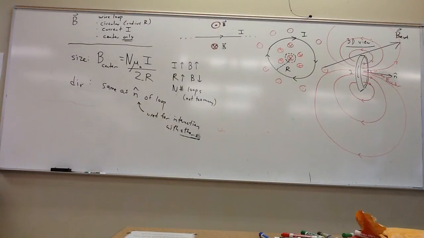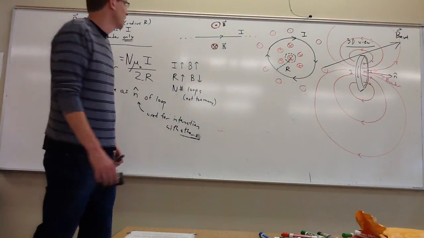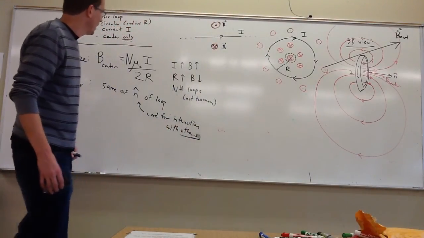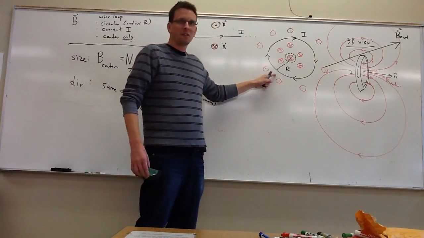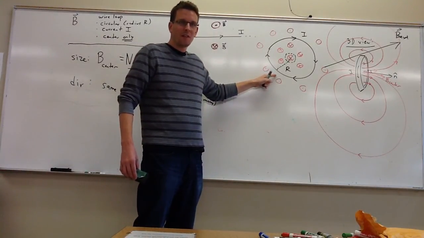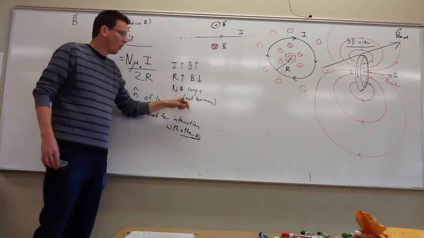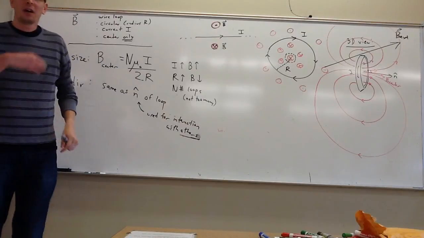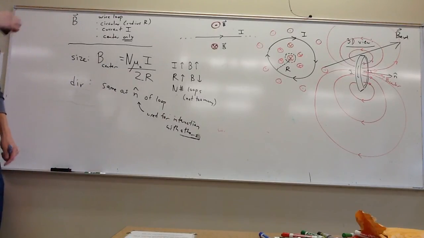The final orientation of current that we need to look at is what happens if we start to have so many turns that we can't possibly conceive that they can all be put in the same space. We have so many turns that it starts to form a tube. So we have this very long tube of current loops.